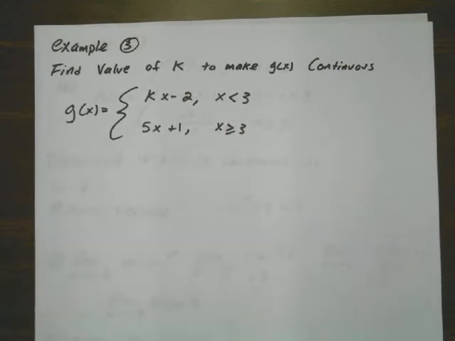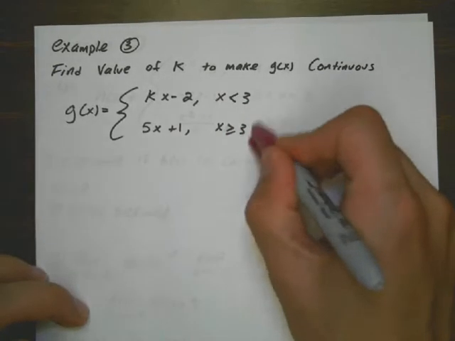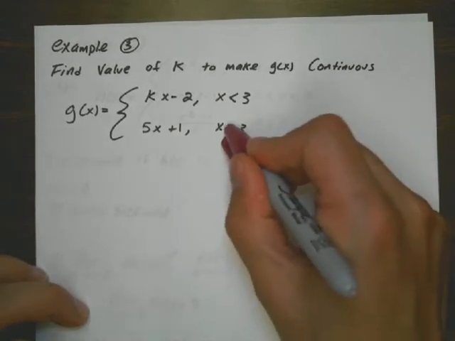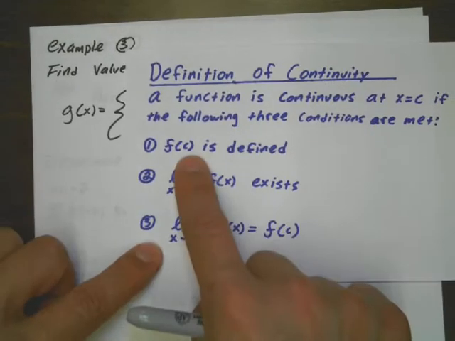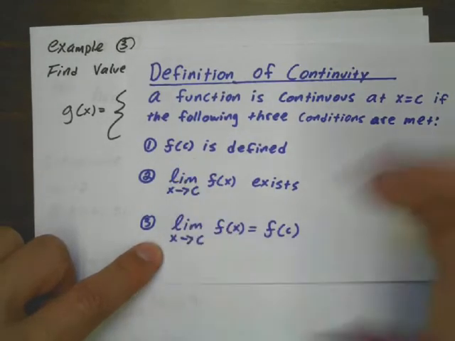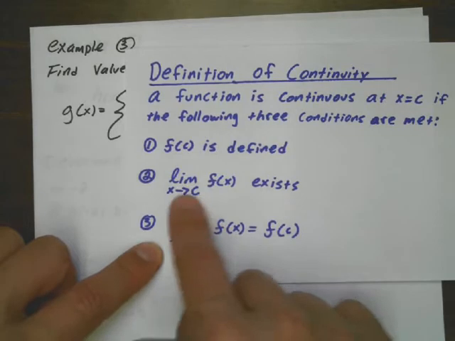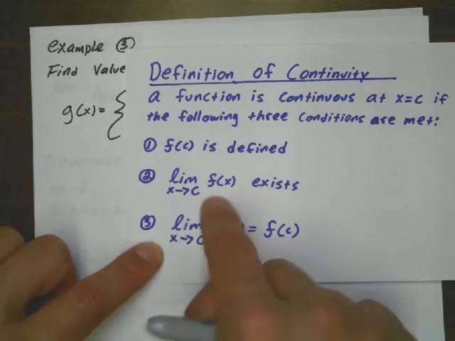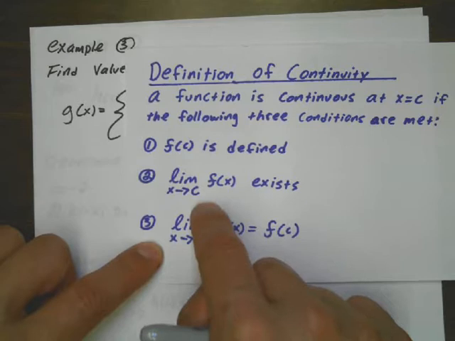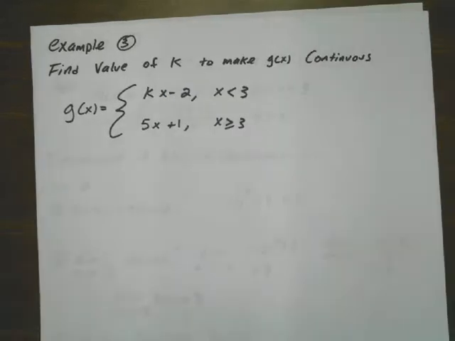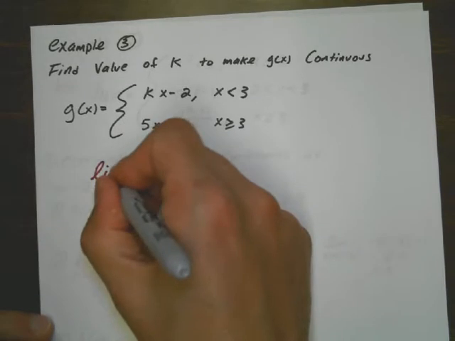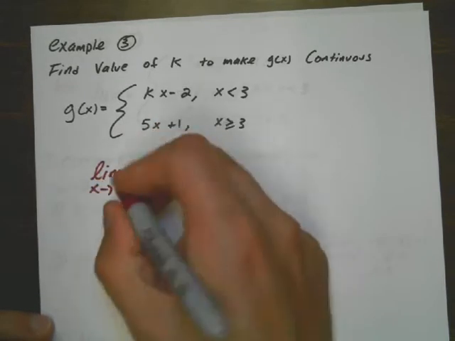Because it's defined to be x greater than or equal to 3, I know it's first of all going to pass the first part of the checklist, which is being defined. So really I have to just focus on whether the limit exists at the point or not. So I need to make this limit exist for it to be continuous. So really I need to figure out what value makes this limit exist at 3.